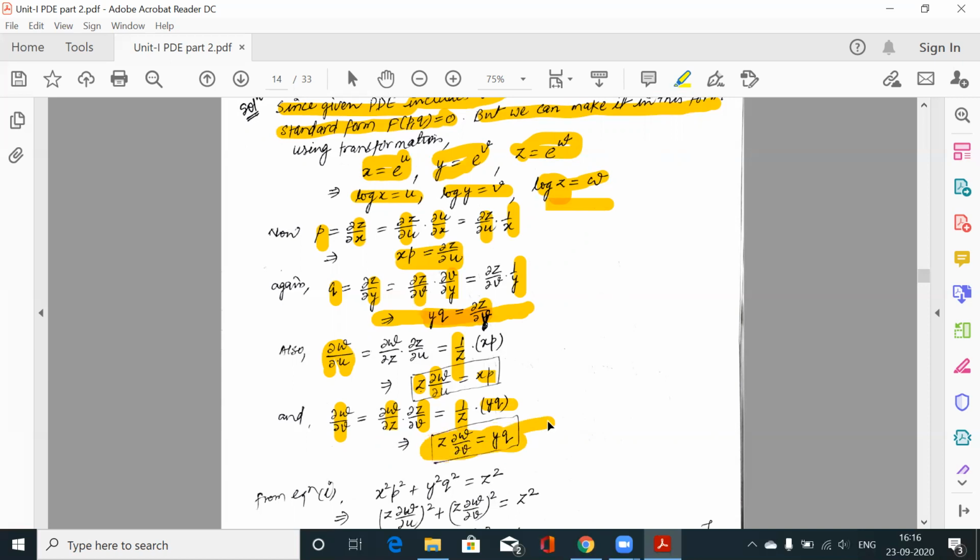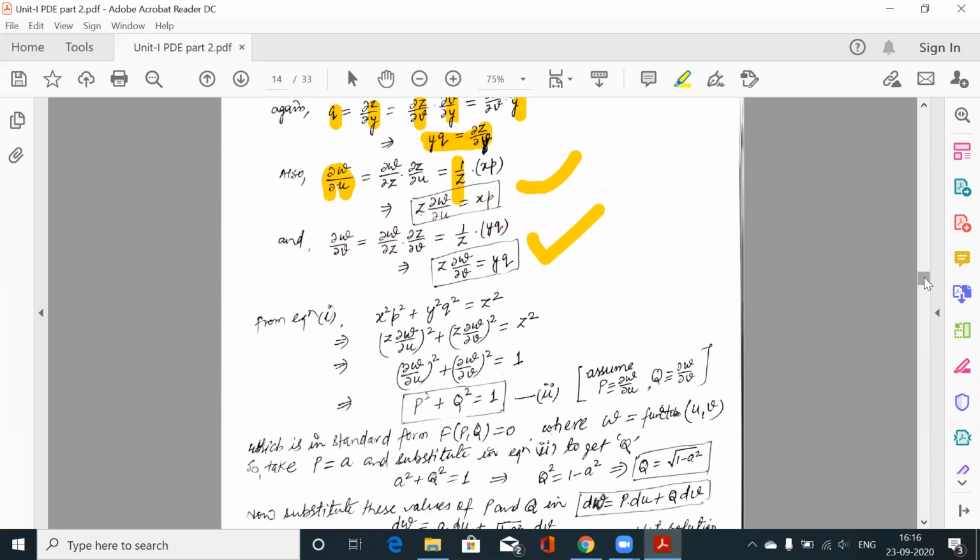So we have got two transformations, this and this. Now, what was the question? We have to substitute in the given equation. Our given PDE was x square p square plus y square q square is equal to z square.